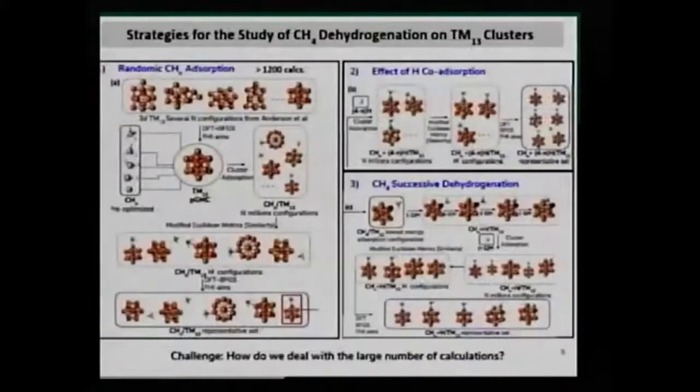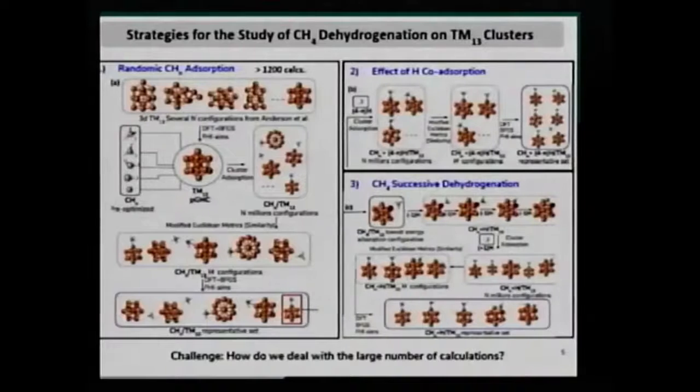So what was our strategy to deal with this problem? We proposed 3 different types of methodology. The first one is the atomic adsorption of the CHn species over the transition metal clusters. Then to address the thermodynamic effects on this type of system, we have to maintain the number of atoms.